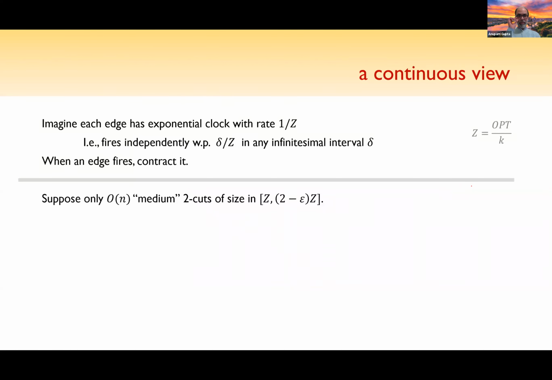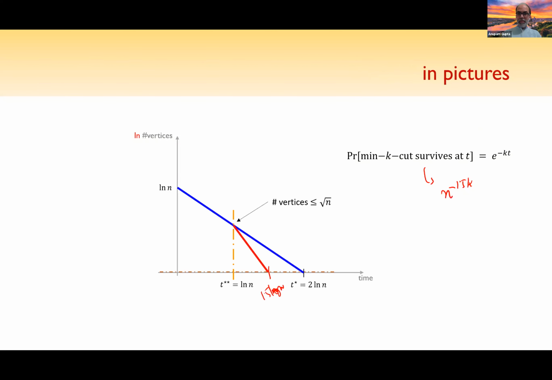So here's the idea. I'm going to use that, suppose the graph has a small number of 2-cuts, only a linear number of 2-cuts. Then I'll be in great shape. Why? Here's the argument. All these 2-cuts are going to just completely disappear by this mid time.